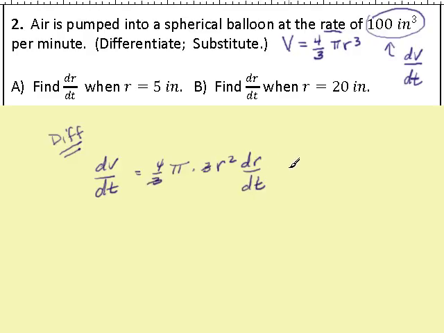Just like before, we'll cross off the 3's, and we have 4 pi r squared dr/dt. And now for part A, we want to find dr/dt when r is equal to 5. So now we're going to substitute our values in order to figure out what dr/dt is. For dV/dt we put 100.